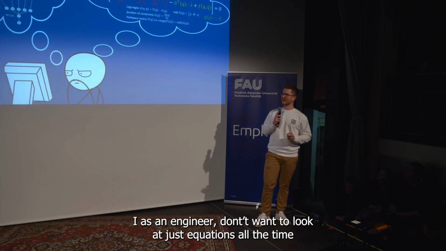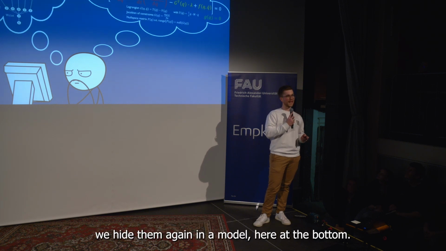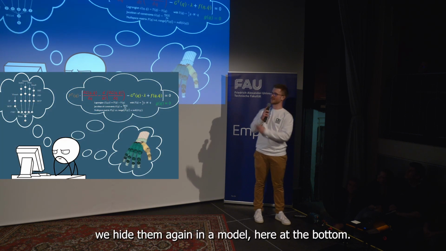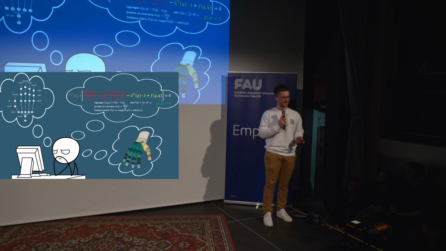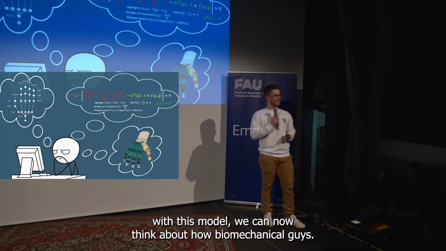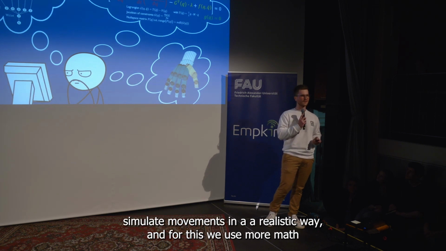Even I, as an engineer, don't like to look at just equations all the time. We hide them again in a model here in the bottom, so everything in the end is again nice and we can visualize something.